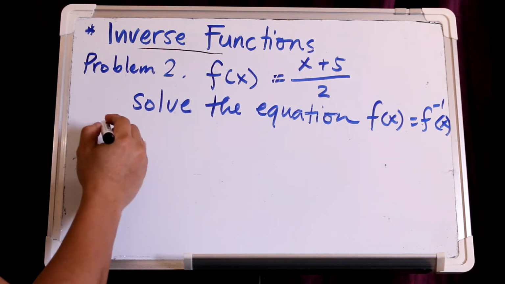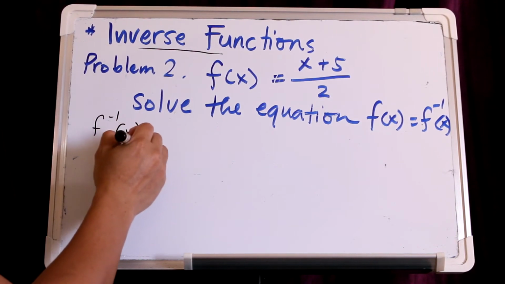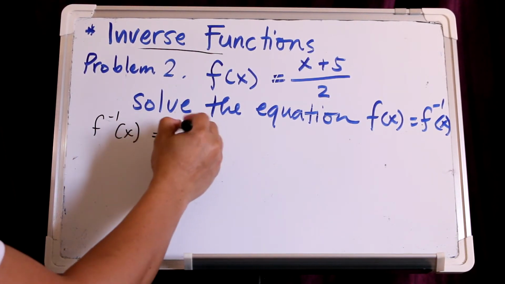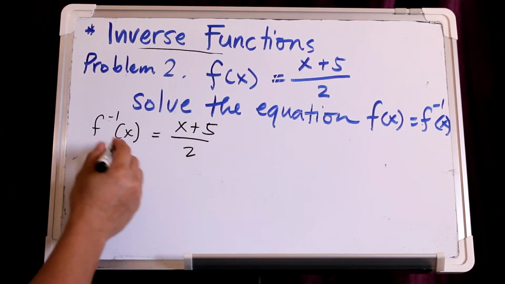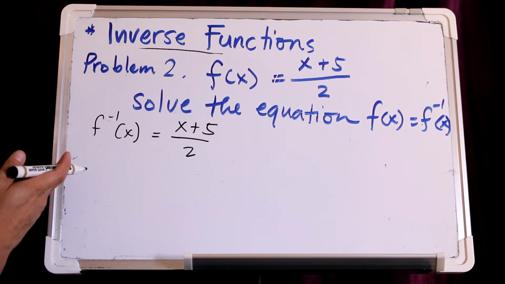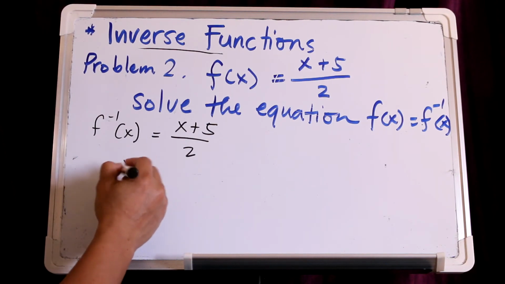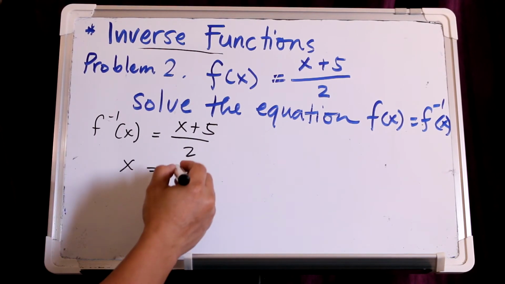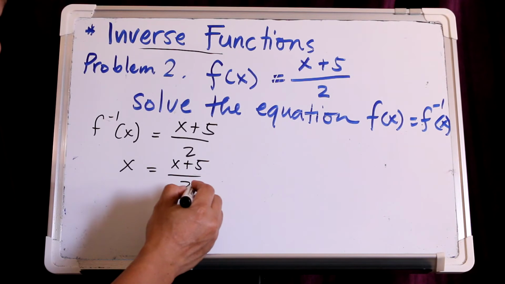So we are going to have f negative 1 of x equals x plus 5 divided by 2. I will forget first the f negative 1. That means I will have x equals x plus 5 over 2.